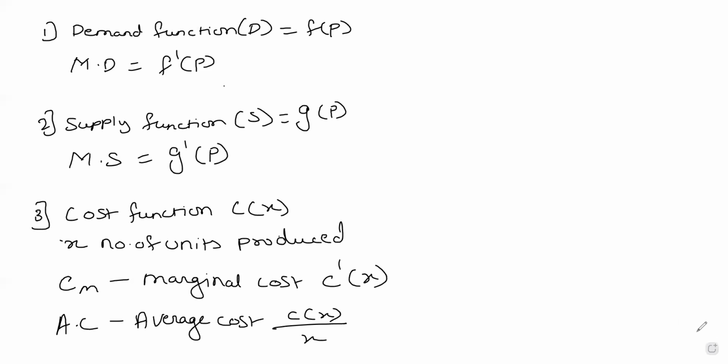Then revenue function. Revenue is what you get after selling X units. It is denoted by R and it is price per unit into demand. So P is price per unit and D is quantity demanded.